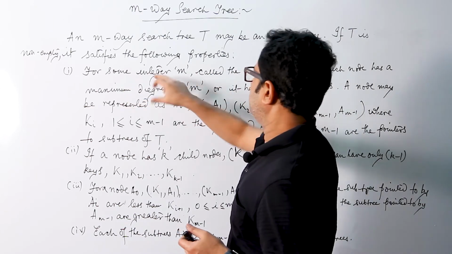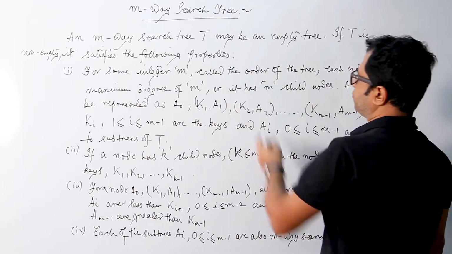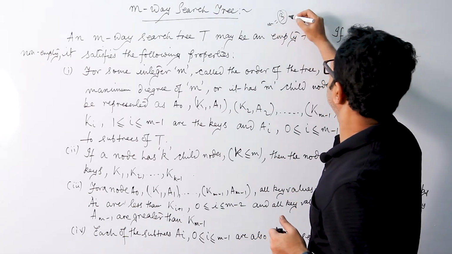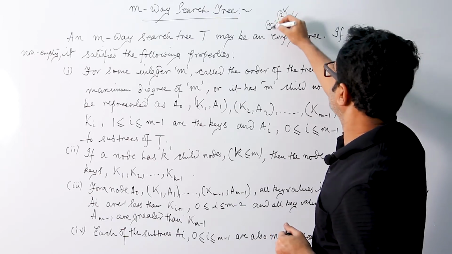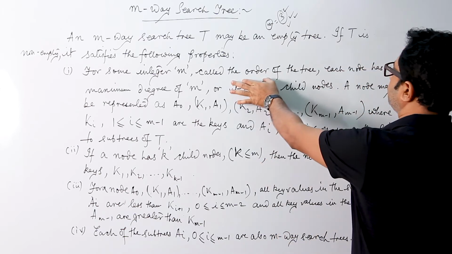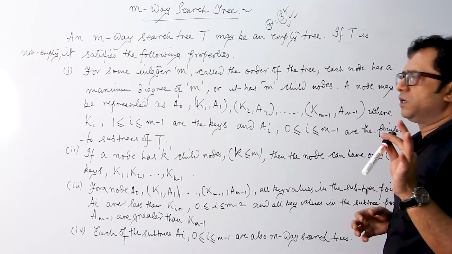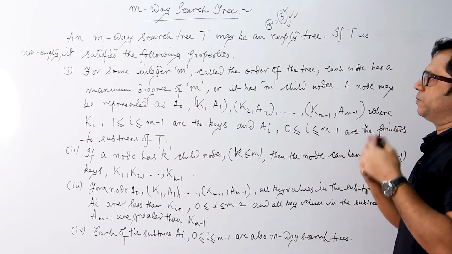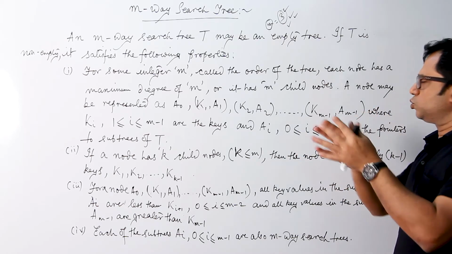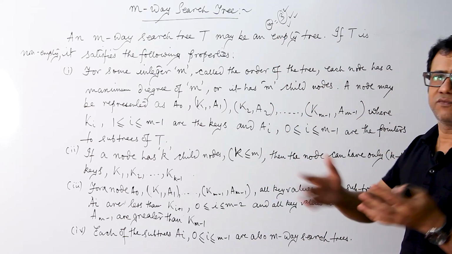If there is an integer m which is called the order of the tree, what is called the order of the tree? Suppose I say 3, so m is equal to 3. So 3 is the order of the tree. For that order of the tree, each node has a maximum degree of m. That is, each node of the MWay search tree can lead to 3 child nodes for m equal to 3, or if m is equal to 5, it can lead to 5 child nodes.